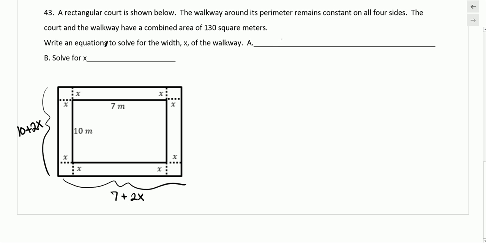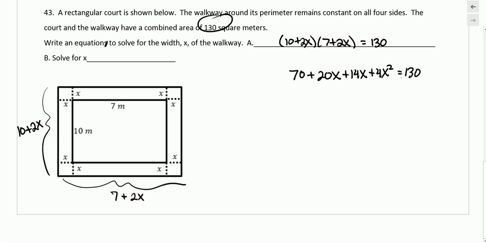So the area is 10 plus 2x times 7 plus 2x, and that's equal to the combined area of 130, which is given in our problem. So go ahead and distribute. Combine like terms and rearrange the terms.